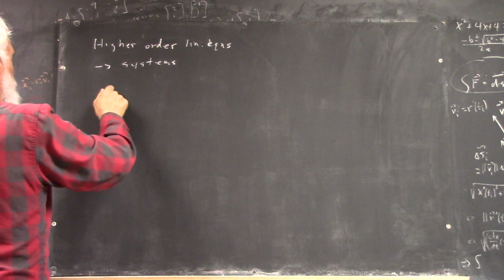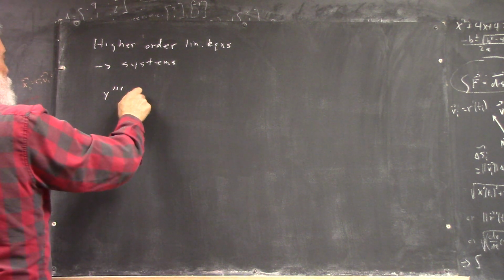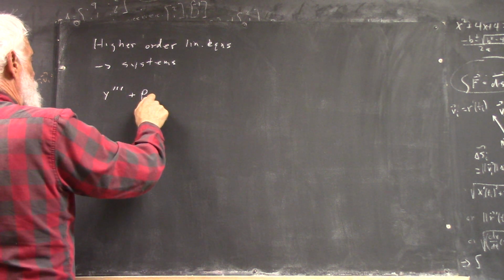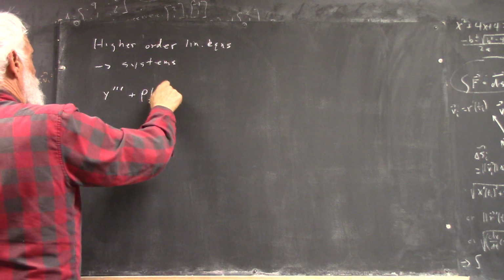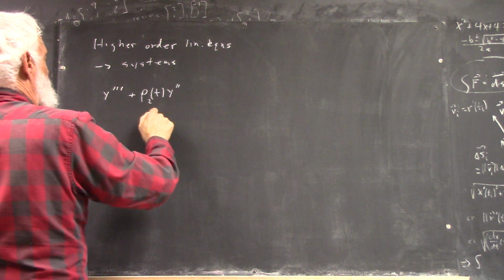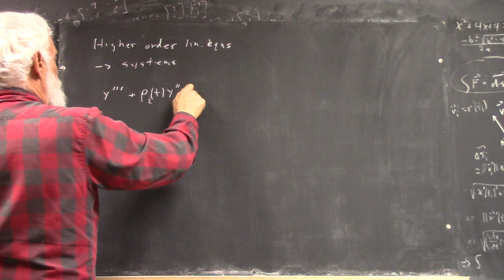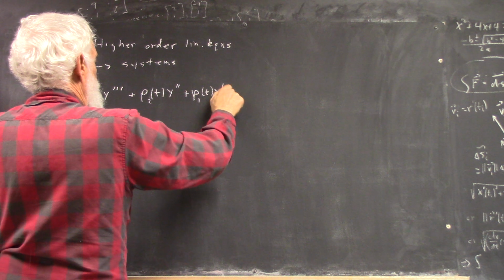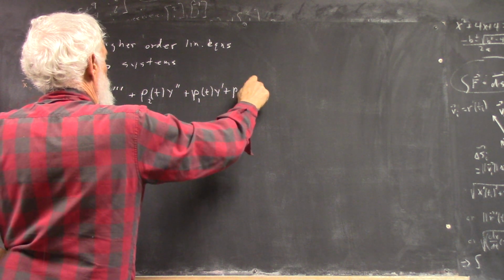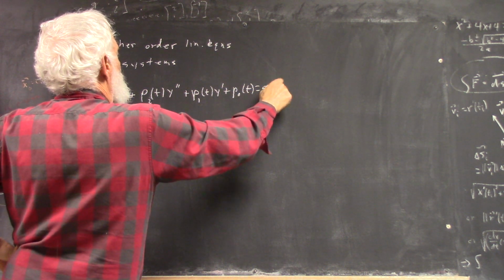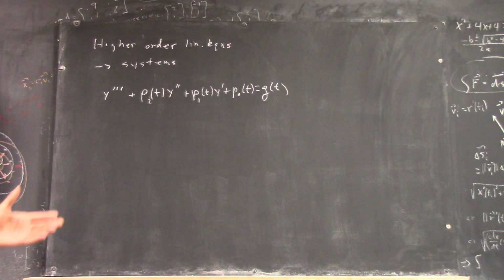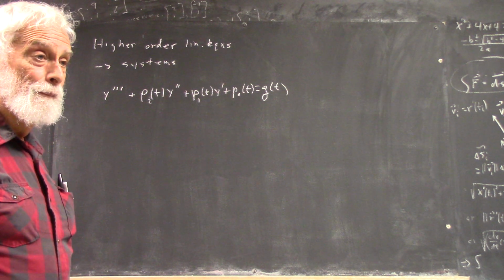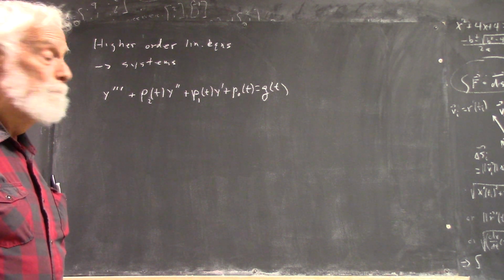So let's just say we've got, we'll use the notation of the book, we have this equation. Now, we can easily solve this equation. Wouldn't you have a P of Ty?